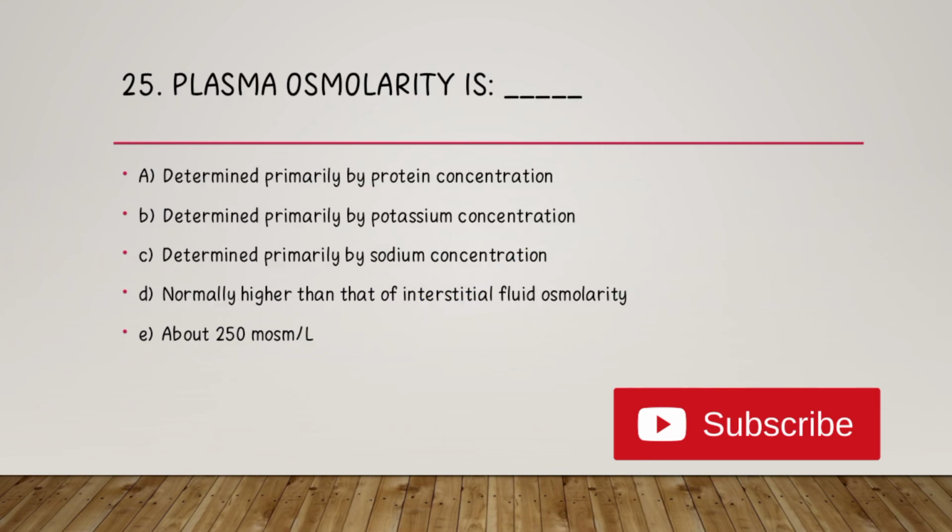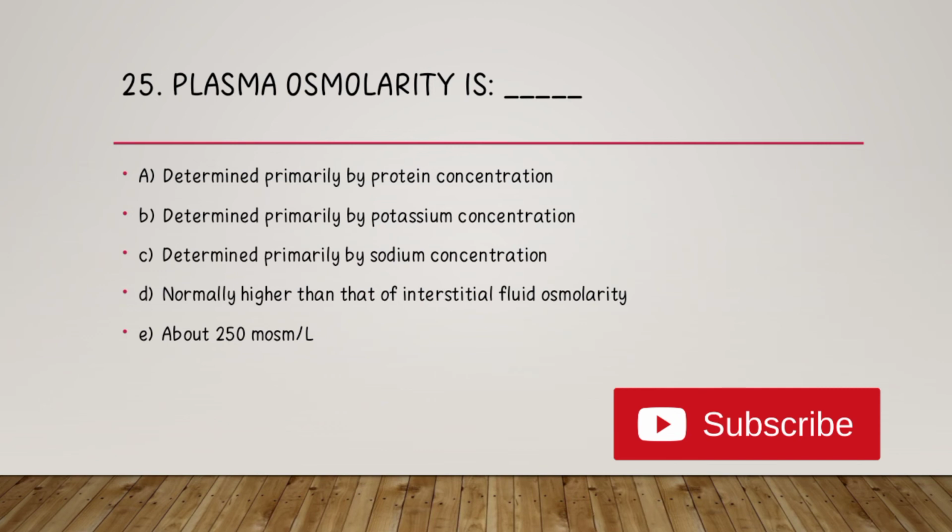Number 25. Plasma osmolarity is dash. A, determined primarily by protein concentration. B, determined primarily by potassium concentration. C, determined primarily by sodium concentration. D, normally higher than that of interstitial fluid osmolarity.